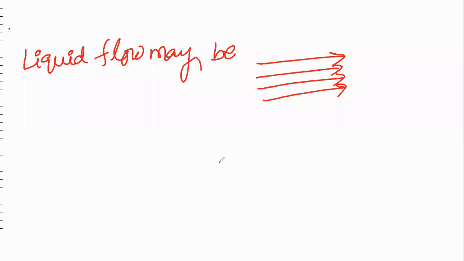Streamline flow means the liquid speed is less. It is a steady flow of the liquid. If the liquid velocity increases, that is unsteady flow, which means it may be uneven flow. We'll say a little variation will be there.